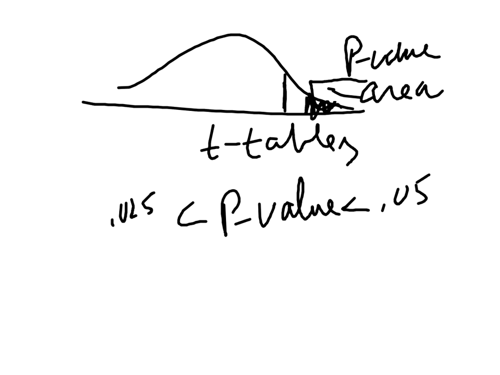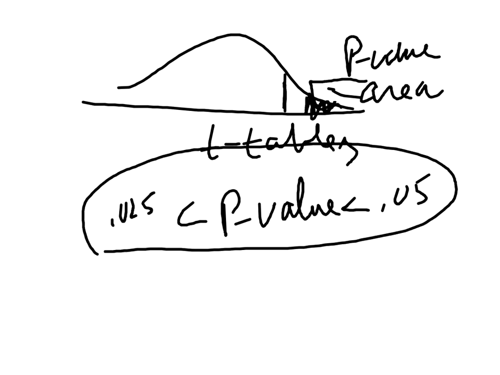So we're going to get an interval in which it falls, but we can't get the area exactly. But having the interval will also allow us to reject or not reject the null hypotheses, as the case may be. But remember, when we were dealing with the z tables, we could get the actual area. It was not expressed in terms of an interval. Some calculators will provide, or you can convert a t-value into the exact area, and some computers will do that also. But for our class, we're going to use the tables that are on 446.